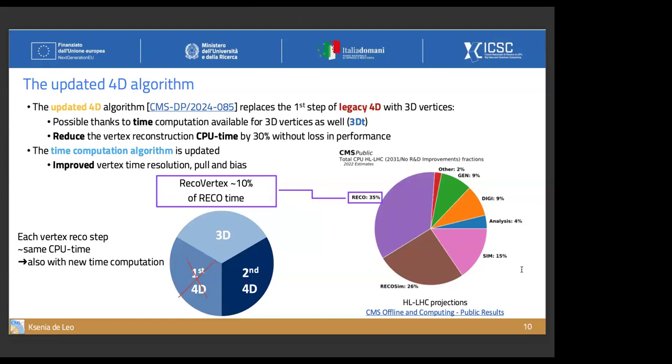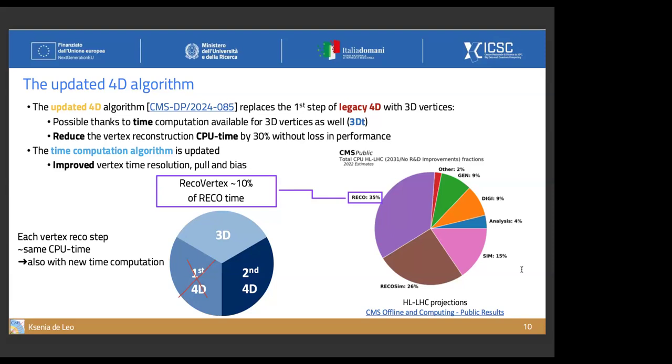So we recently updated our algorithm by removing the first step of the legacy 4D with the 3D vertices. And this is possible because we now have a time computation that is available also for the 3D vertices, that I will explain in the following slide.